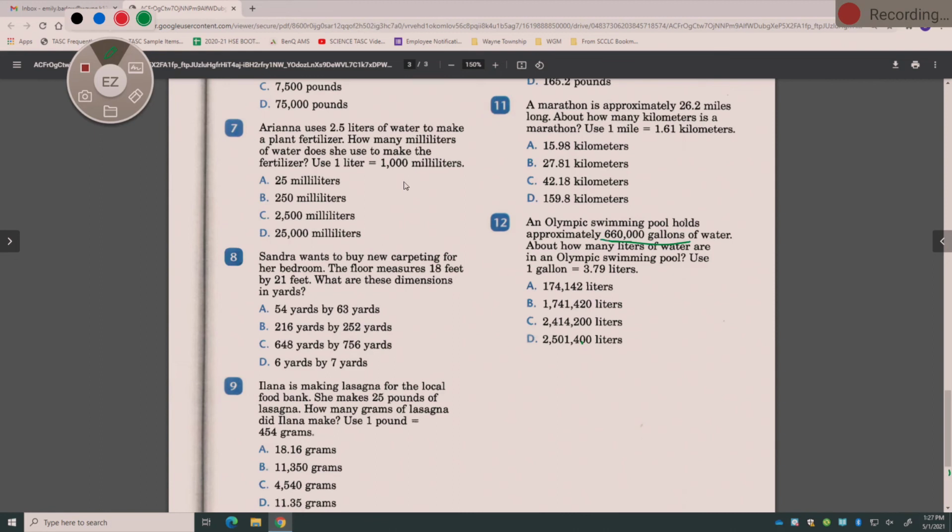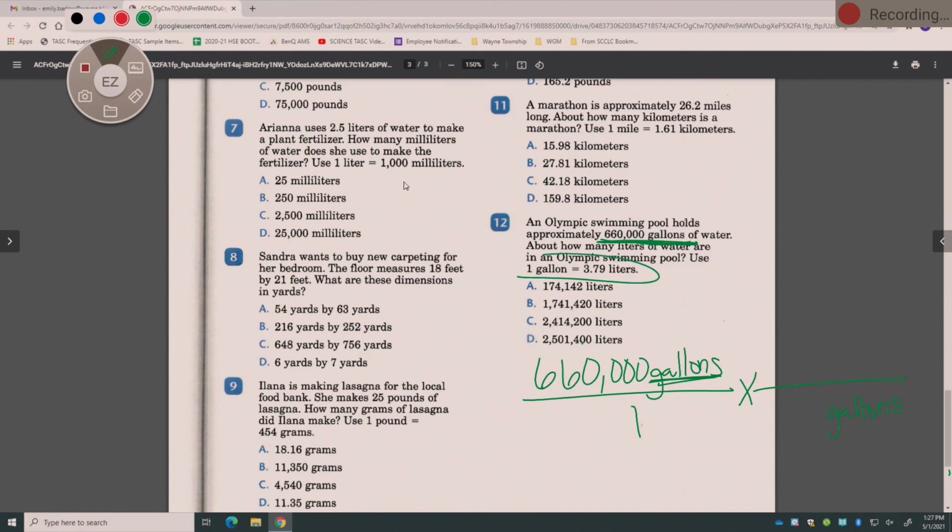So again, I take my initial value, 660,000 gallons, and I turn it into a fraction. Then I want my second fraction. Gallons is in the top in my first fraction, so gallons needs to be in the bottom of my next fraction.